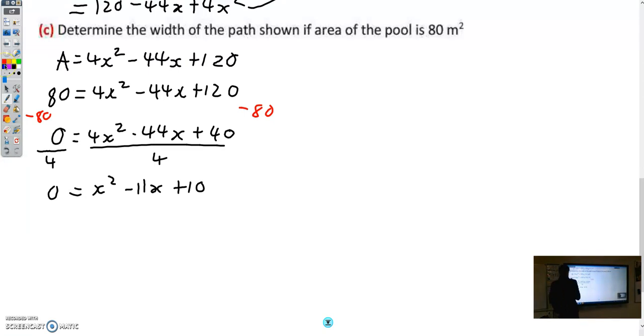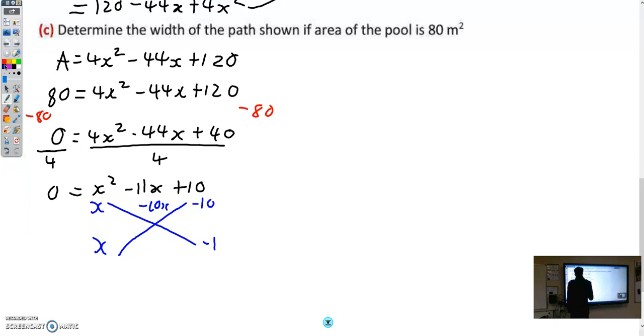When I go to use my cross-factor method, factors of x squared are x and x. Factors of positive 10 that give negative 11x when added together are going to be negative 10 and negative 1. So that's negative 10x minus 1x. It's a total of negative 11x.